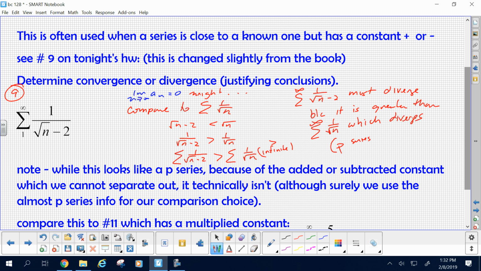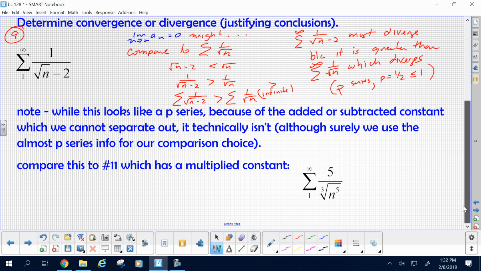P series, P equal 1/2, less than or equal to 1. That's what the worksheet looks like. Alright, anything less than that would probably lose points on a test, and some homework I would consider it skipped. Alright, so this is like a P series.